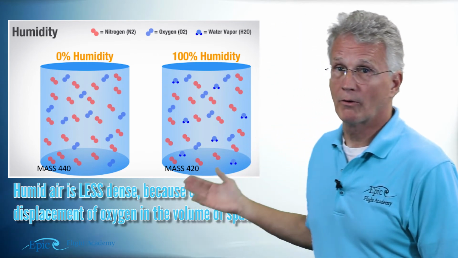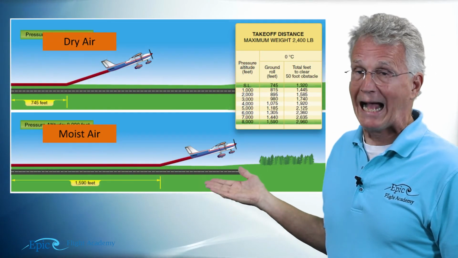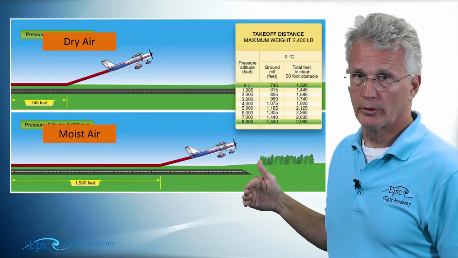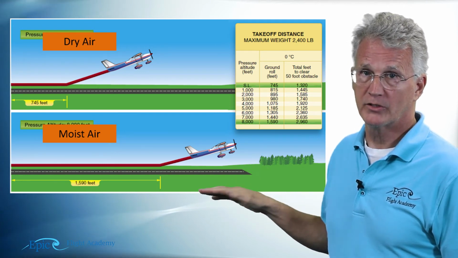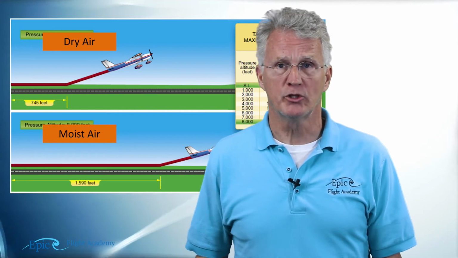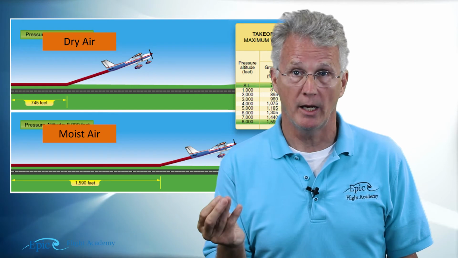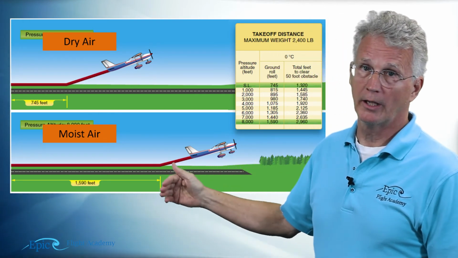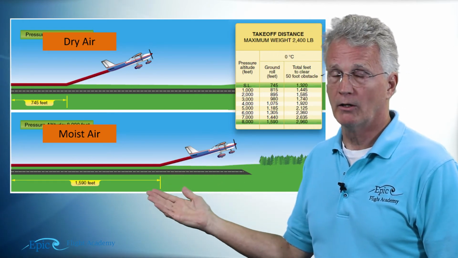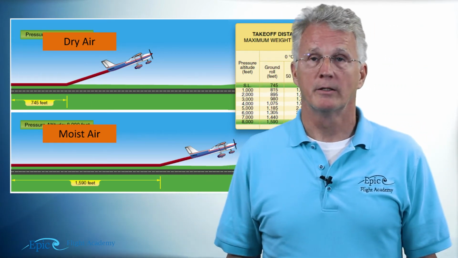Now, if you look at our graphic here, it's showing the aircraft in dry air with a shorter takeoff run, a steeper climb angle, and a higher climb rate. It's showing that same aircraft in moist air or humid air with a longer takeoff run, a shallower angle, and a lower climb rate.